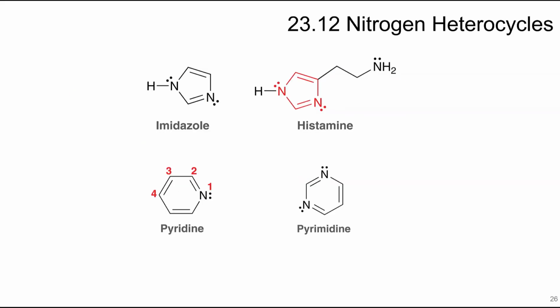These are 4 different nitrogen heterocycles. Imidazole is something that we've seen may be used as a base. There's 2 nitrogens there that are basic. Pyridine is also used as a base. Pyrimidine is in DNA. And then we have histamine here. Pyridine and pyrimidine can undergo electrophilic aromatic substitutions, just like benzene, but the yield is not as good.